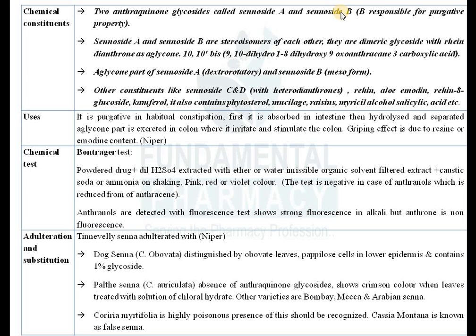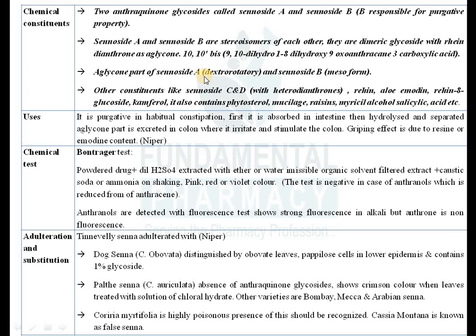So which constituent is responsible for the purgative property of senna? That is nothing but the sennoside B. Then they are the stereoisomers of each other with rhein dianthrone as aglycone. Then again, sennoside A is dextrorotatory, sennoside B is a meso form.